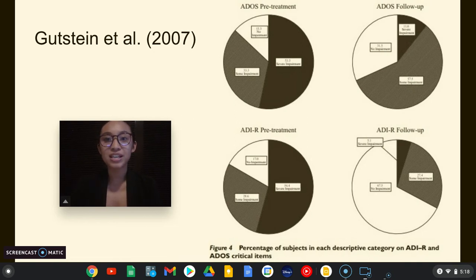And as you can see, in comparison from pre-treatment to follow-up treatment, there is a substantial decrease in severe impairment in those emotional and social skills of those critical items, and there is a substantial increase in some impairment, and no impairment.